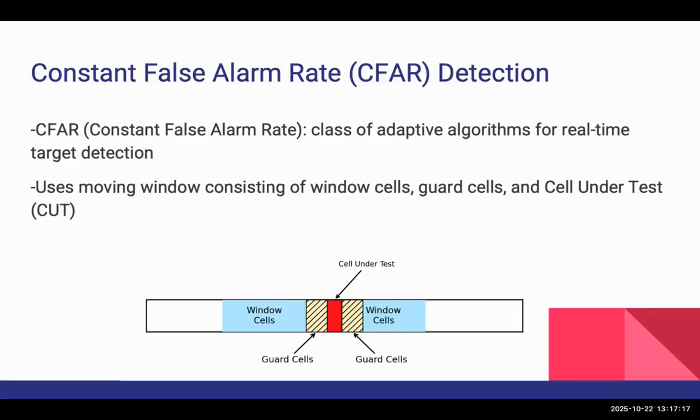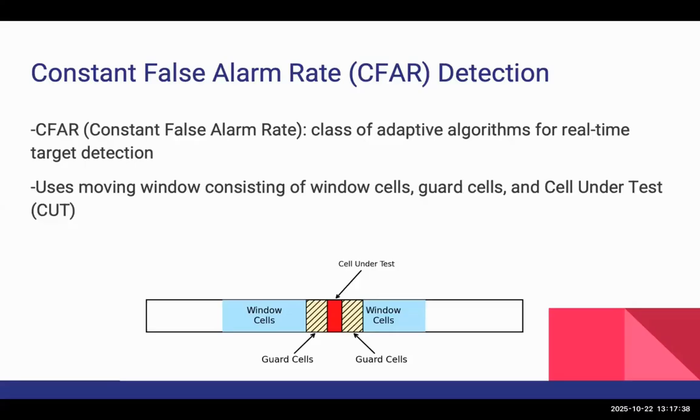Those are often used. So you're looking at some statistic of those values. And based on that statistic and some formulas which you derive, you're computing a threshold. And if you score above that threshold, you say target detected at that cell. And if you score below, there's no target detected at that cell. So that's how it works.